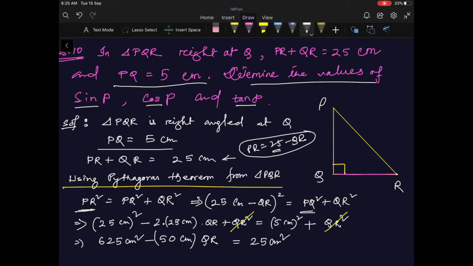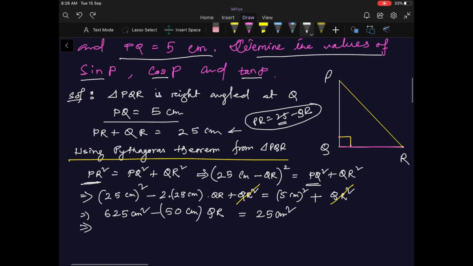Now let us transfer the term minus 50 centimeter QR to the other side of the equal sign, so on the right hand side we will get 50 centimeter into QR.